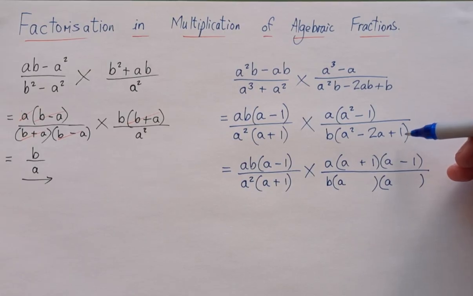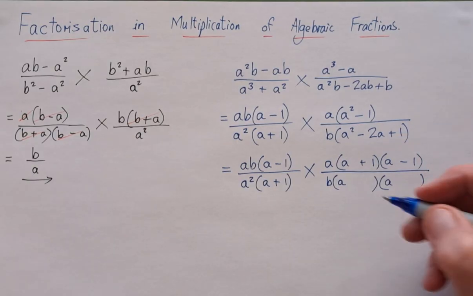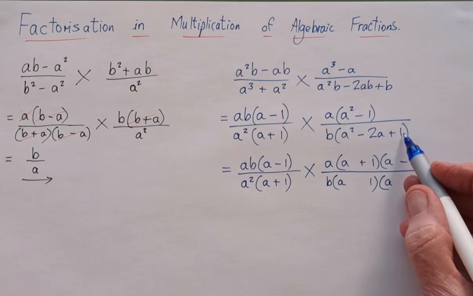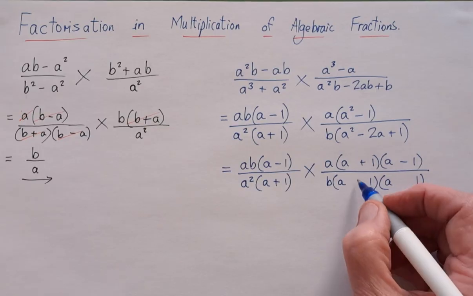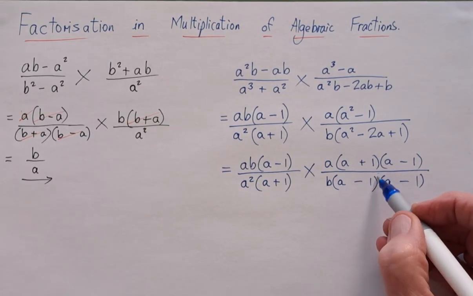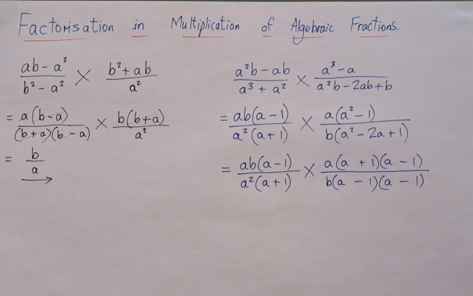Well, I only have one possibility, and that's 1 times 1. And can 1 and 1 give me 2? Yes, they definitely can. So I'm going to break my 1 up into 1 times 1. This tells me both signs in the brackets are the same, and they're both negative. So I could have written this as a minus 1 all squared, but for those who couldn't spot it as a perfect square trinomial, this is how you would have ended up.